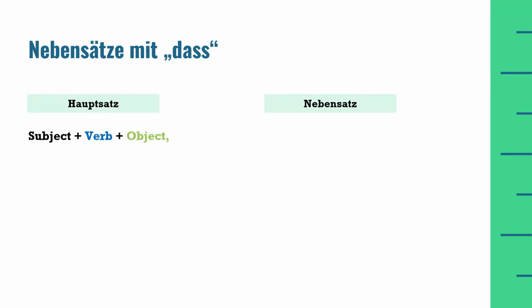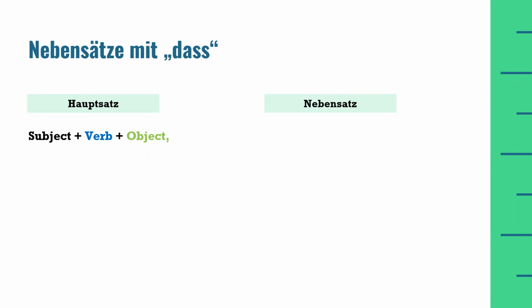In the Hauptsatz, we can have a simple sentence where we have a subject at the first position, and the verb at the second position, which is conjugated according to the subject. And then we have an object. In place of the object, we can have one adjective, one preposition, or anything else.